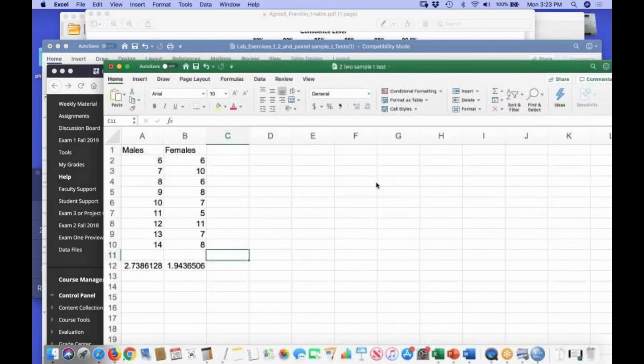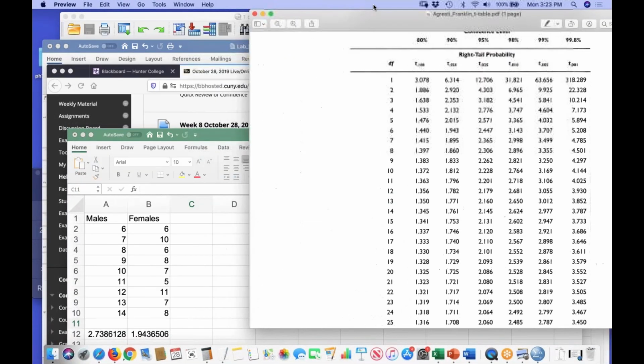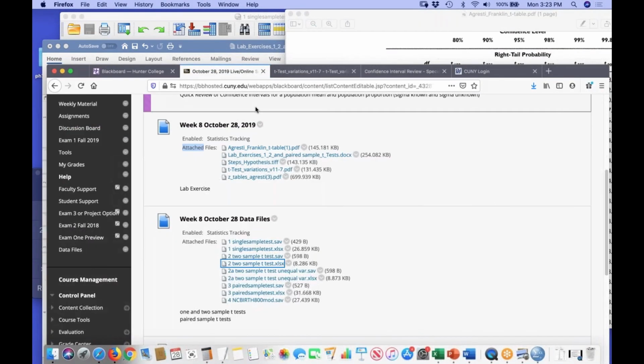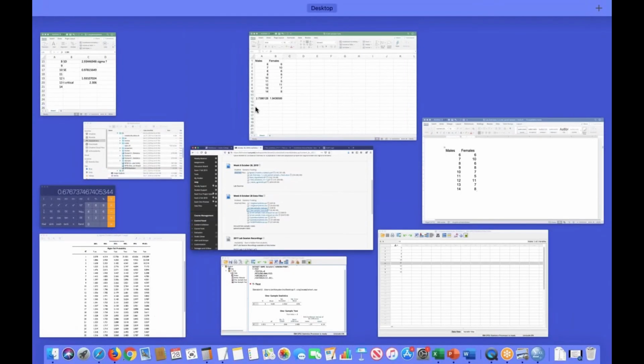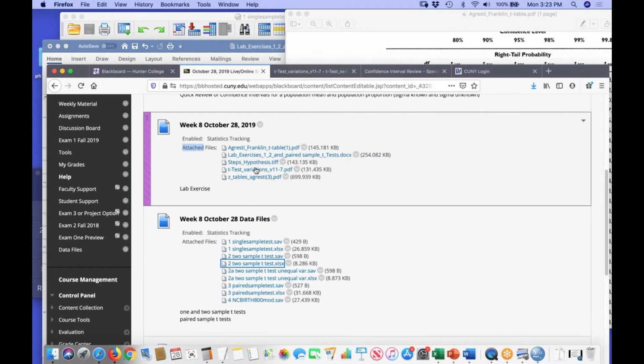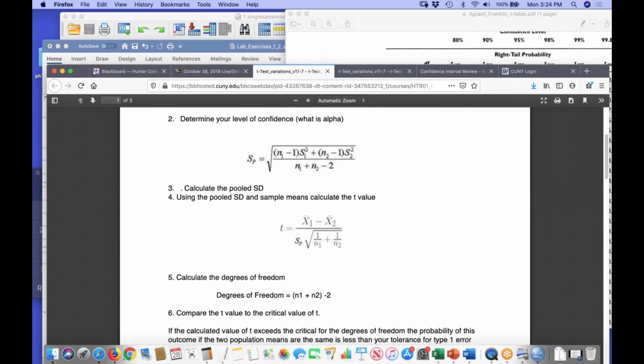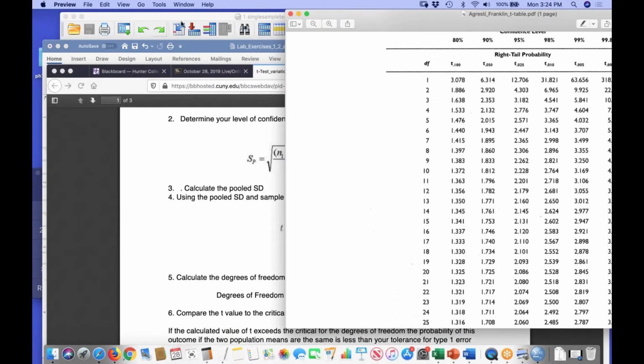So now, let me see if I can pull that up here again. Where did I put it? I don't see the Word file anymore. Let me open it up again. There we go. Okay, so let's say I was going to do this for the problem that we just had.